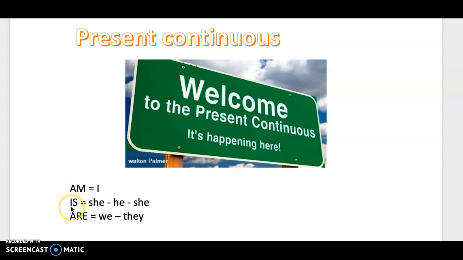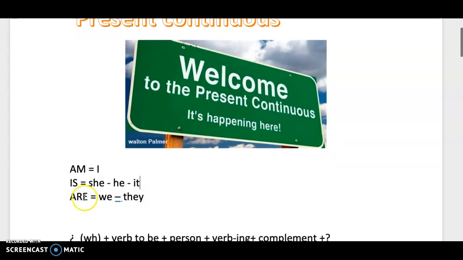Am, is and are, okay? So remember that we use am with the person I, we use is with the persons she, he, it, and we use are with the persons we and they, okay?